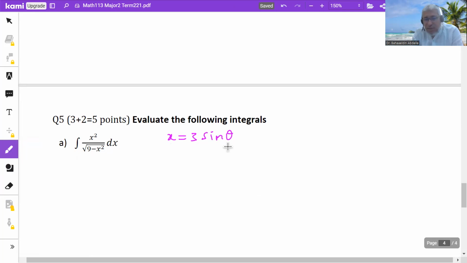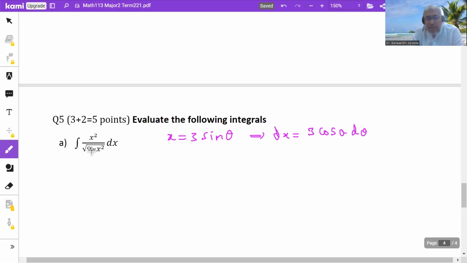x equals 3 sine theta. I change everything from x to theta. Then dx would be the derivative of 3 sine theta, which is 3 cosine theta d theta.